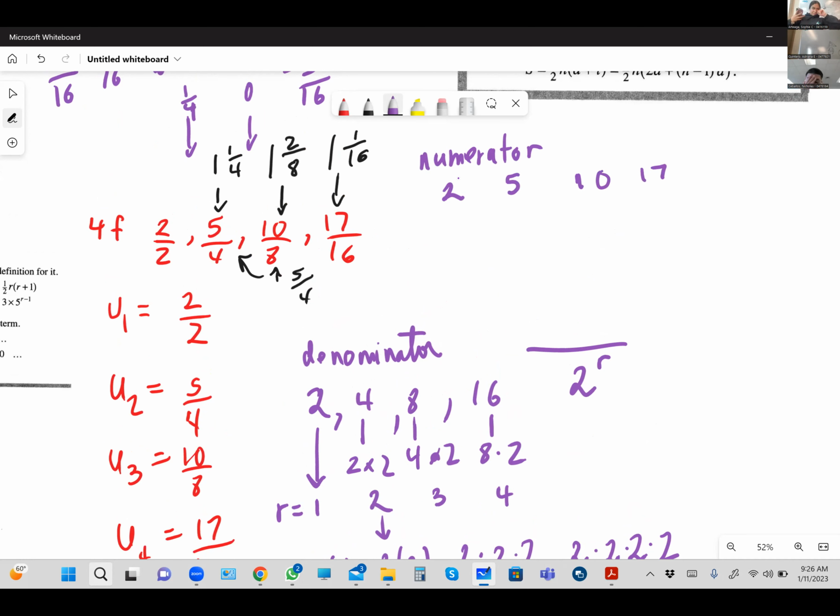So how do we do that? No one? That one's difficult. We figured out the denominator. Can we figure out the numerator? No one?